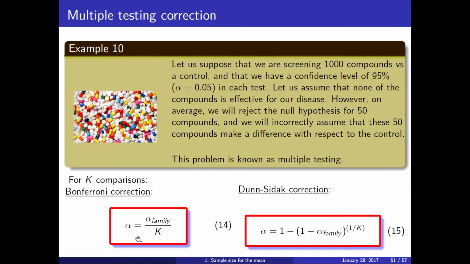So the alpha that you use for each one of the individual comparisons is alpha of the family divided by 1000 in this case, because you will do 1000 tests, and this is called the Bonferroni correction. There are other corrections like the Dunn-Sidak correction, that is this one, and they're not too different. Bonferroni is sometimes criticized for being very restrictive, so kind of overestimating the family-wise false positive rate.